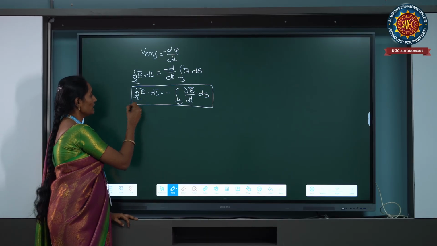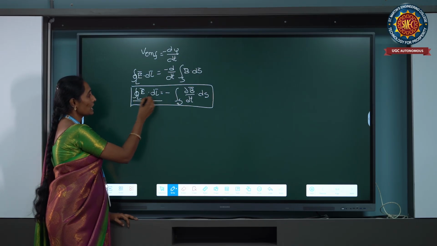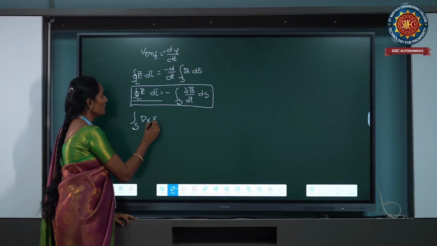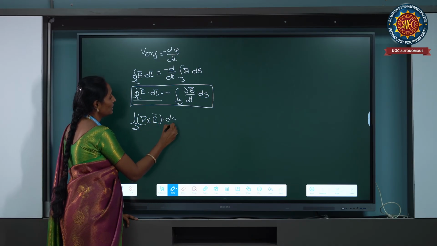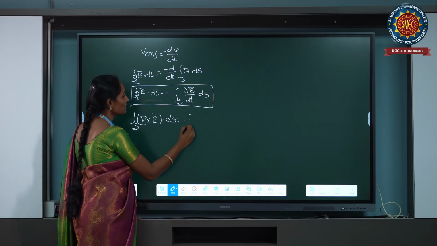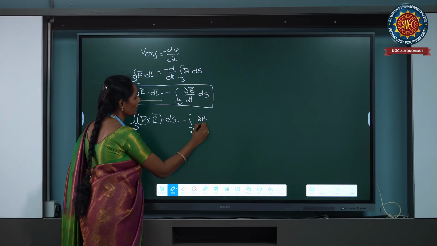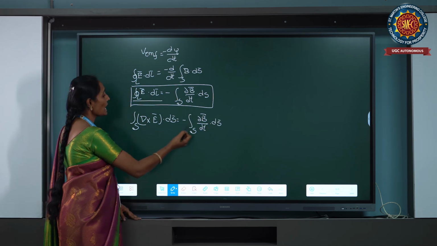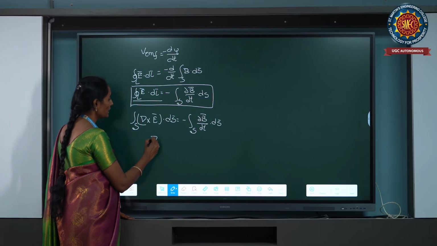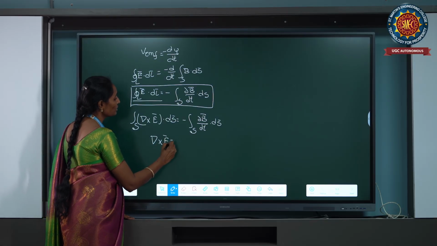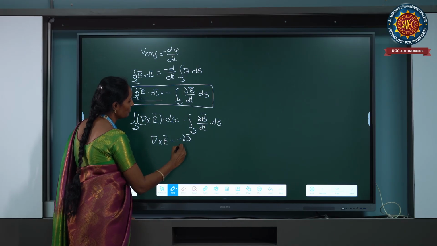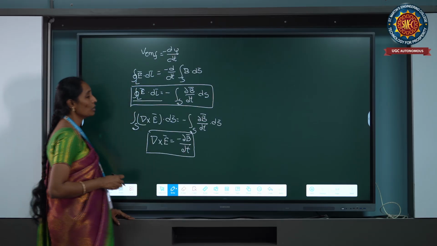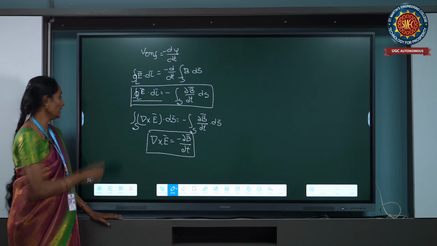So the closed line integral of E bar dot dl bar can be written as the surface integral of del cross E bar dot ds bar, which is equal to minus the surface integral of dou B bar by dou t into ds bar. Both sides have the surface integral, so del cross E bar is equal to minus dou B bar by dou t. This is the differential form or point form of the Maxwell equation in time varying field.